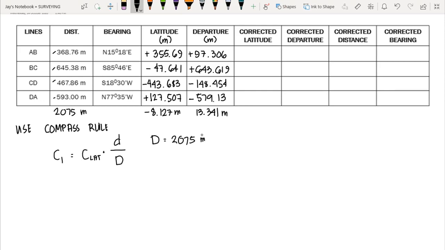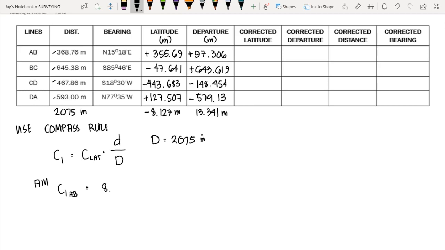So let's begin with the line AB. We compute the correction of the latitude of AB. We have the total closure along the latitude, and we disregard the sign.